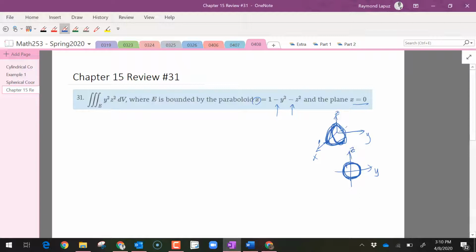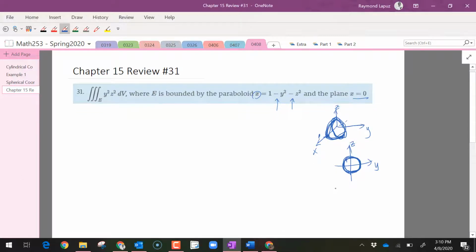What does that mean? That means instead of using x is equal to r cosine theta and y is equal to r sine theta, we're going to use y is equal to r cosine theta and z is equal to r sine theta. So we're just switching the variables. Instead of looking at this as our old x and our old y, we're going to have this as y and z.